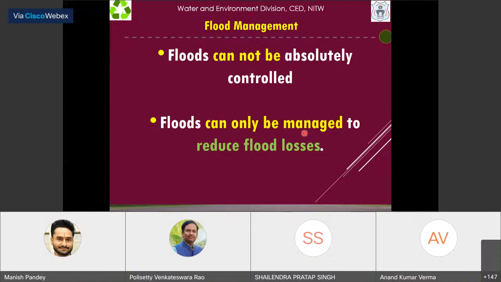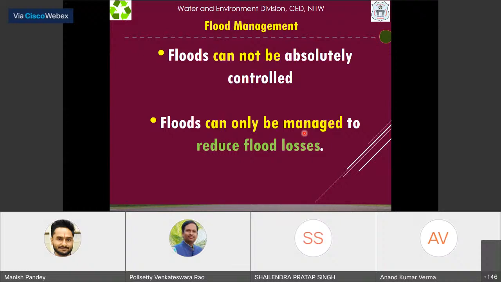Now, it is evident that however well you plan and however well you design, you cannot absolutely get away from floods. It is a fact because floods are natural disaster events. You can't completely control them. We can't control nature. We are part of nature. But what we can do is minimize the losses that are likely to be associated with the floods.